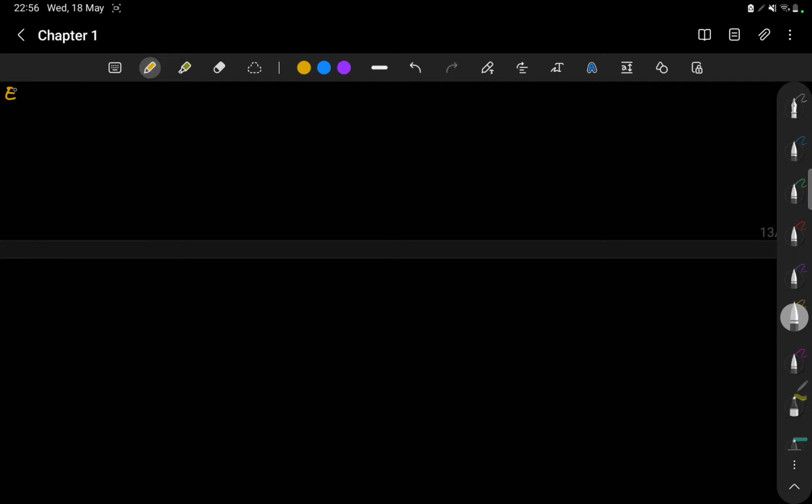This question is exercise 1.6.1. It is based on linear operators.